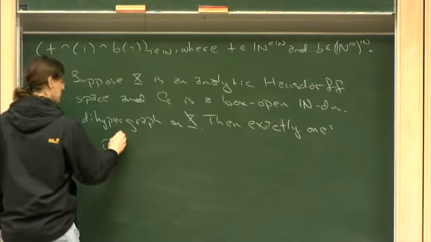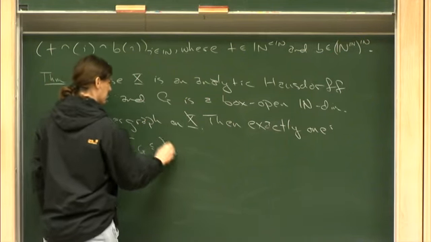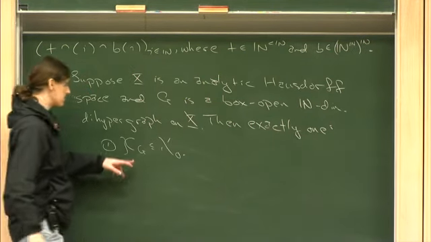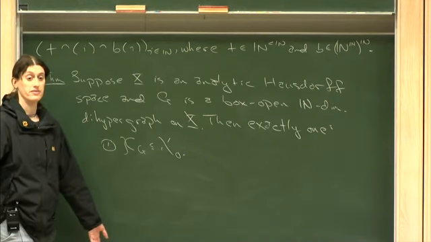One is that the usual chromatic number of G is less than or equal to aleph null. That just means that you can cover the underlying space with countably many sets on which the graph is trivial.